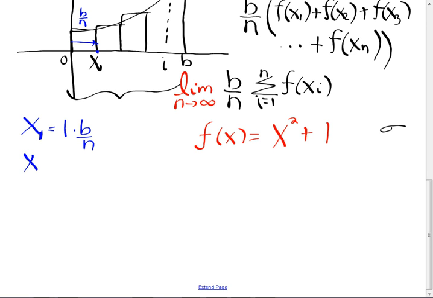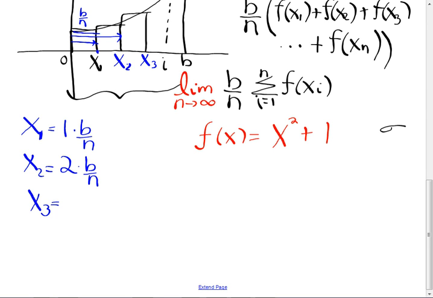What's x sub 2 going to be? How many of those little intervals are we going to get? 2. Let's do another one. And we didn't do this last year, just to save time. This is x2. It's 2 times b over n. It's not going to be the same value.